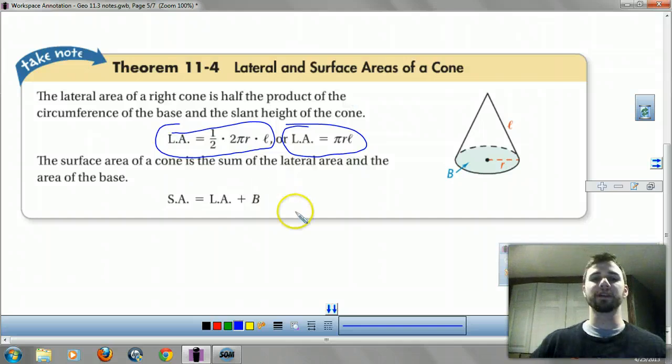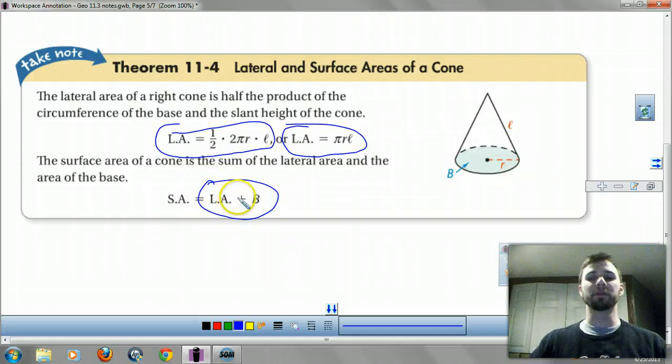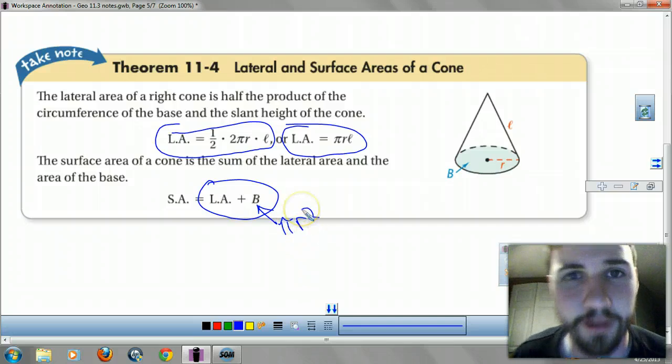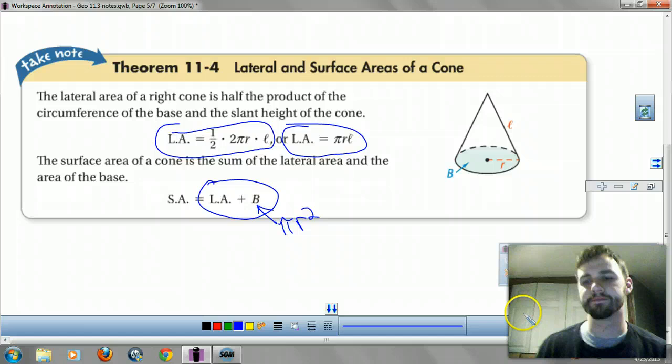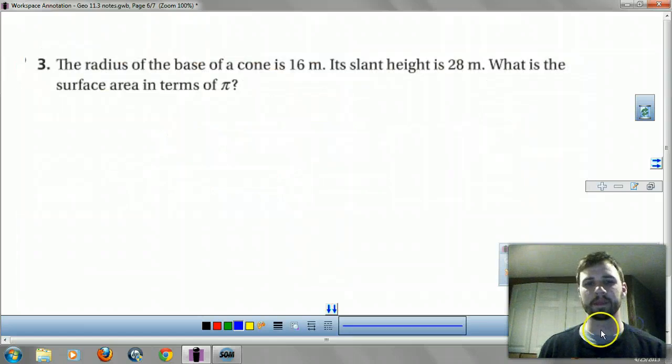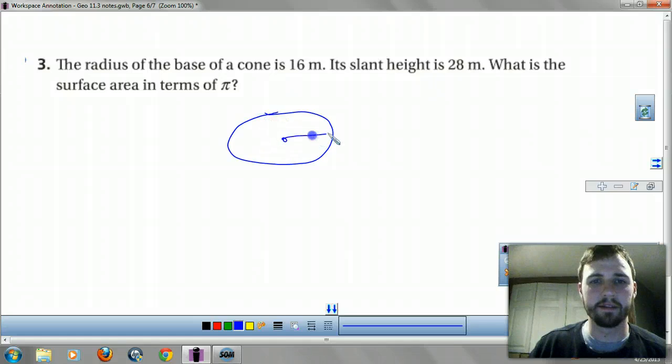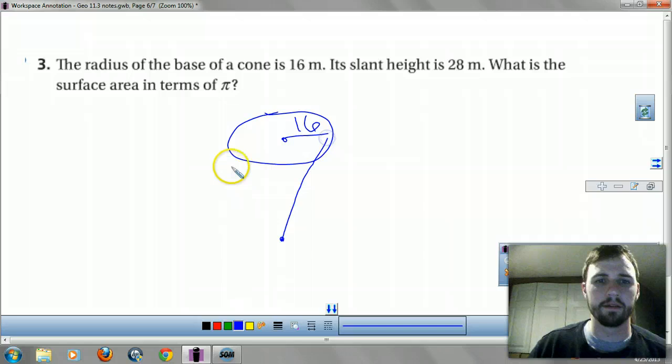So your surface area is your lateral area plus your base. But your base in this part is going to be pi r squared, because it's a circle. Okay. Suppose you have a cone. The radius is 16. Slant height's 28.